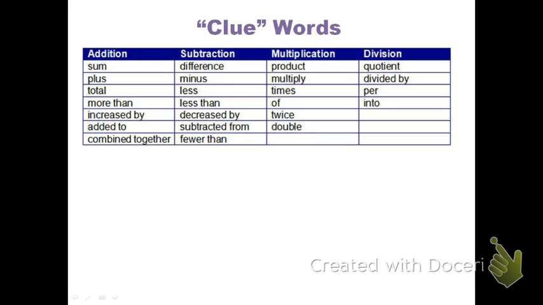Subtraction: difference, minus, less than, that's a key one. Multiplication: product, twice, doubling. And division: quotient, divided by, per, into, or another clue word that's not really shown there is equal parts. If I want to divide something into equal parts, then I know to use division.